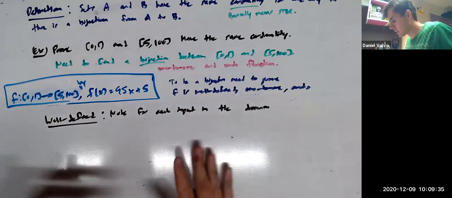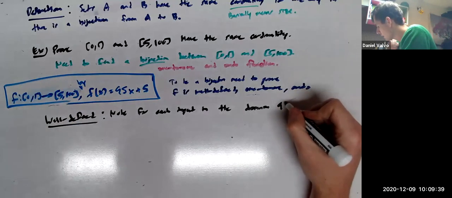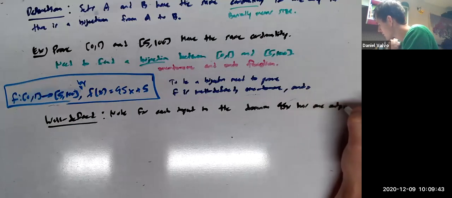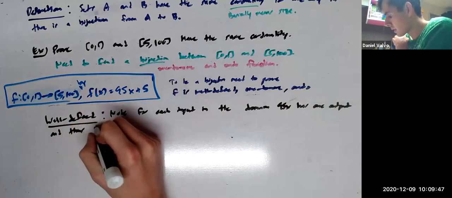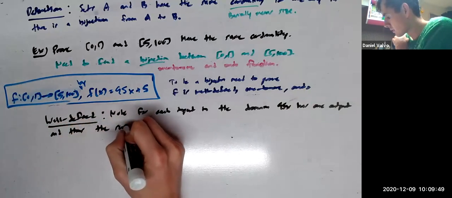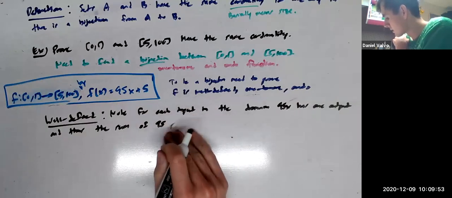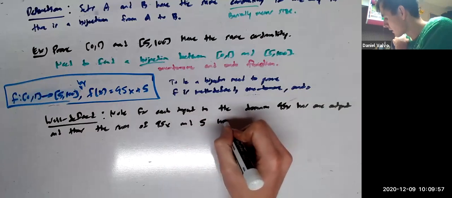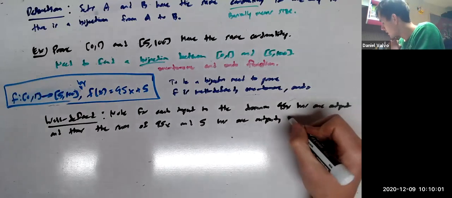So for each input in the domain, which is [0, 1], 95x has one output, and thus the sum of 95x and 5 has one output.